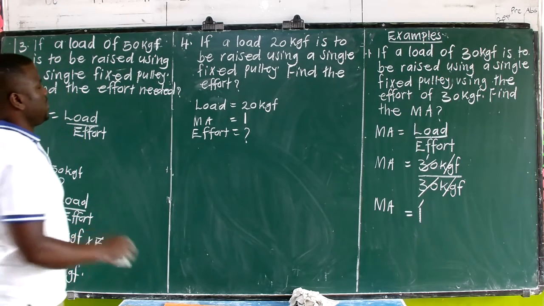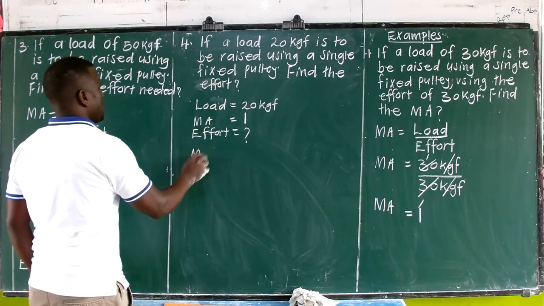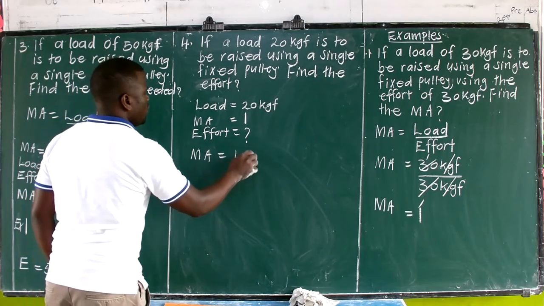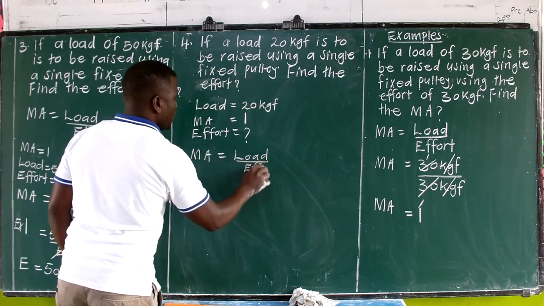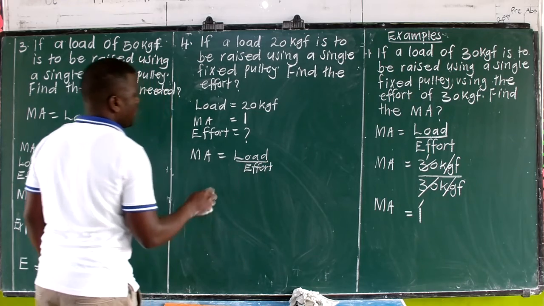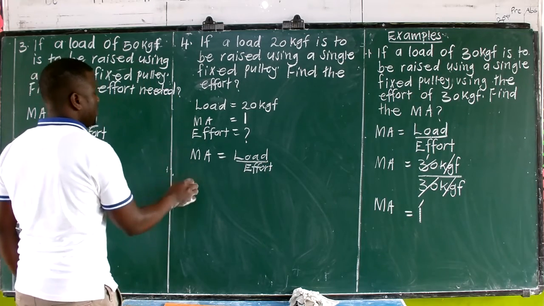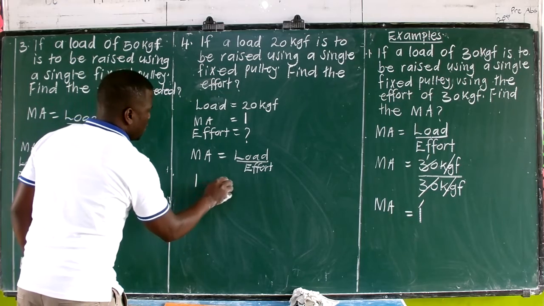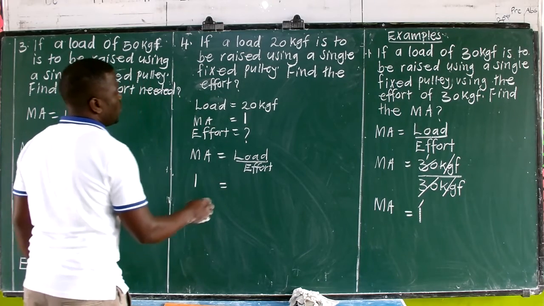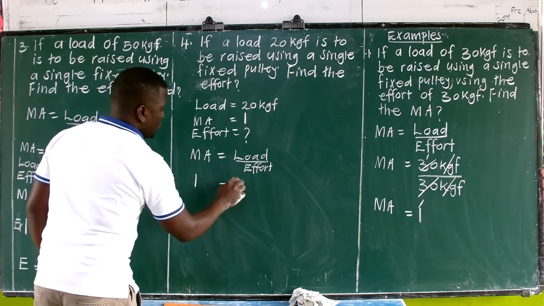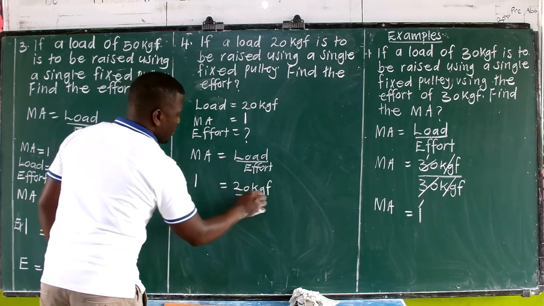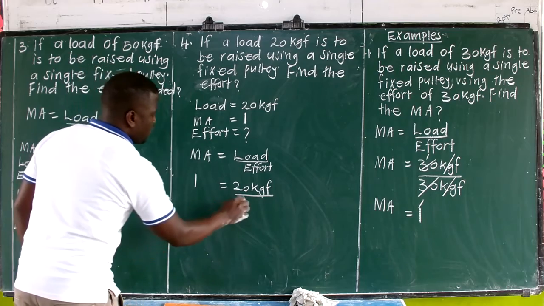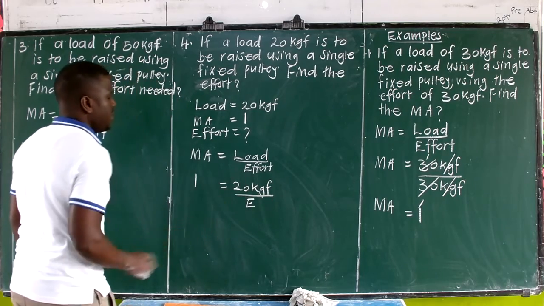So we write the formula: mechanical advantage equals load divided by effort. 1 equals, our load is 20 kilogram force. What is our effort? We don't know, so we give it E.